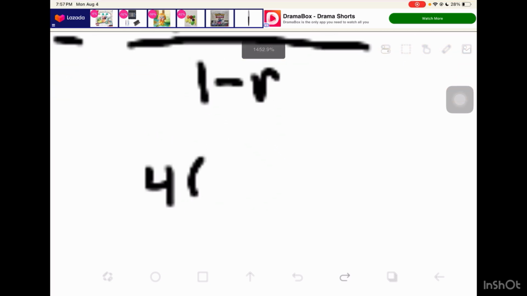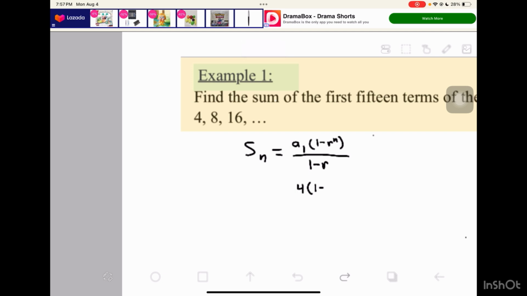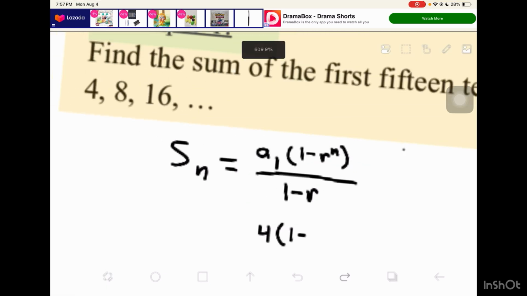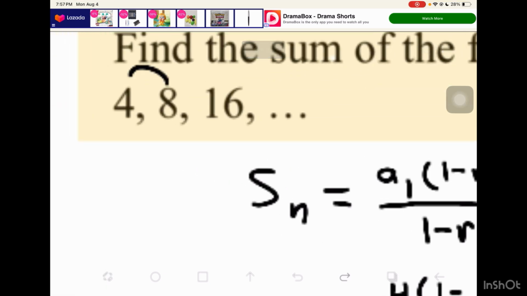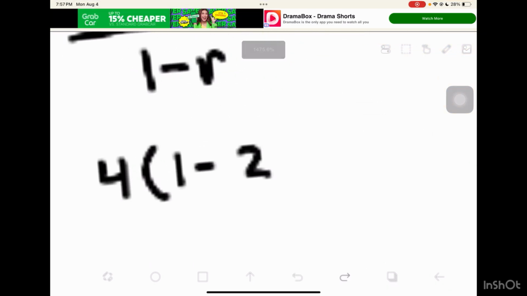Then we have the 1, minus our ratio. Let's find our common ratio: 8 divided by 4 is 2, and 16 divided by 8 is also 2. So r is 2.